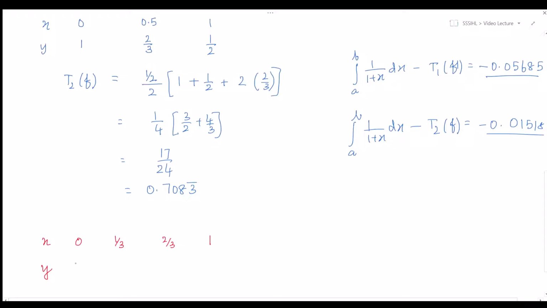When x is 0, it is 1. When x is 1 by 3, it is 1 by 1 plus 1 by 3, so it is 3 by 4. In the next case, 3 by 5. And then 1 by 2.